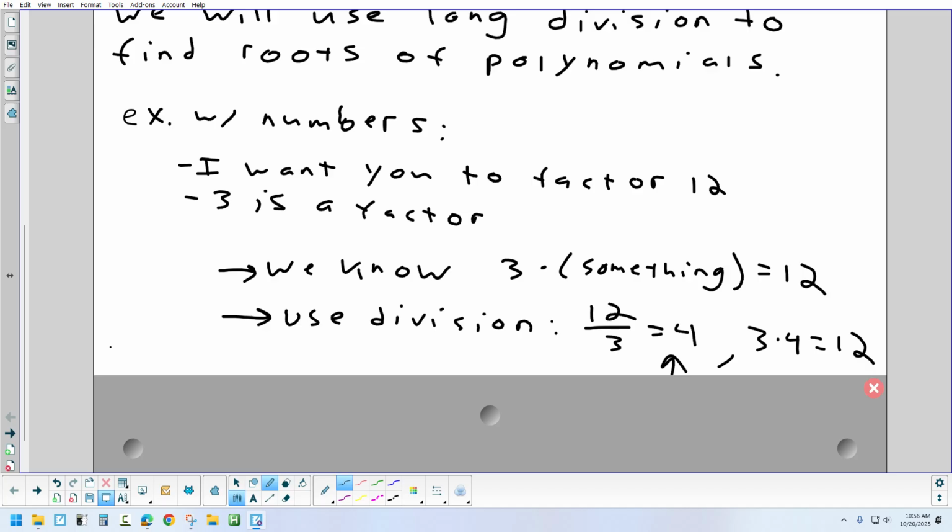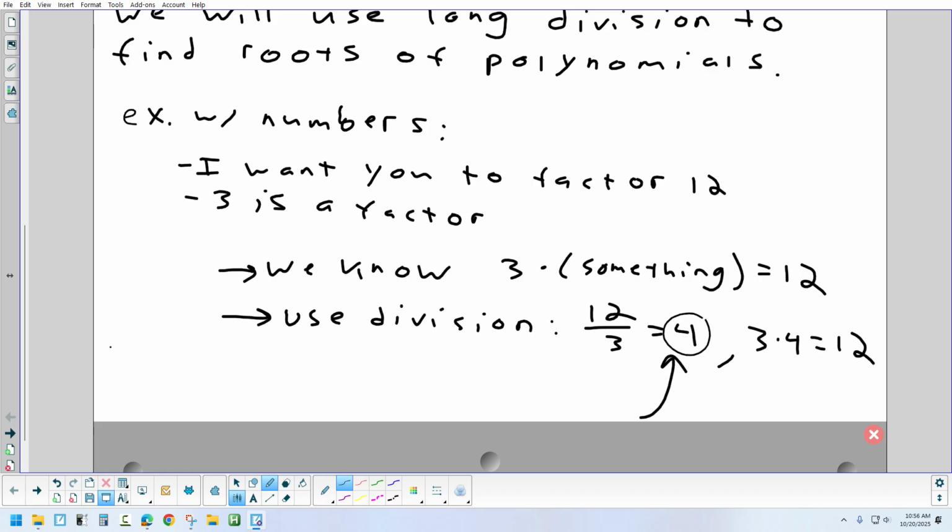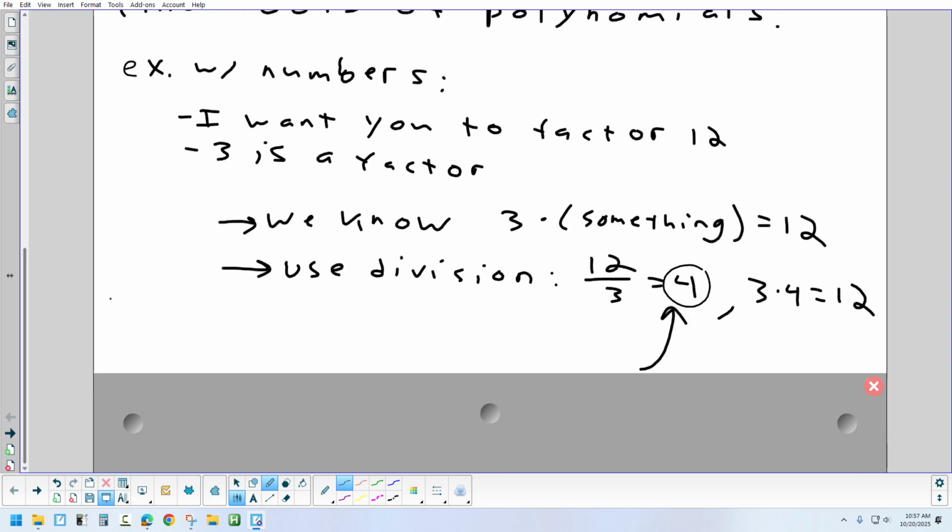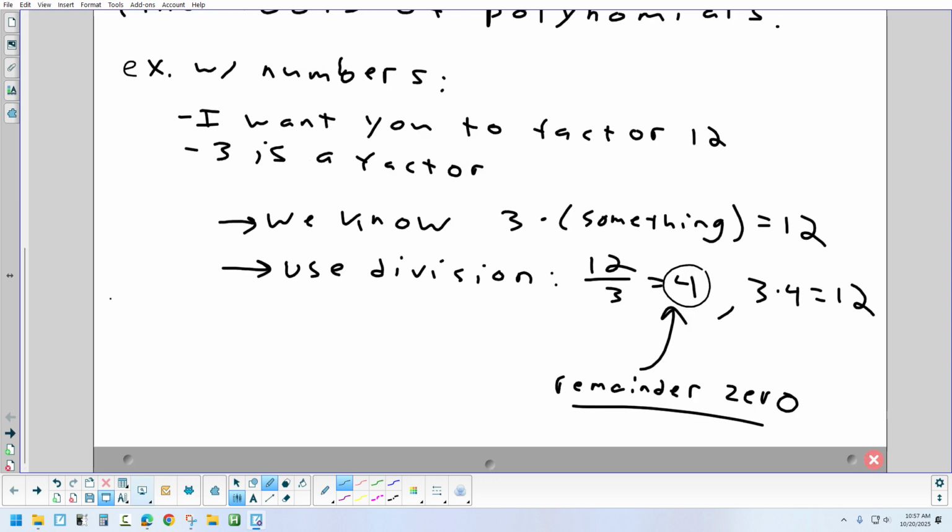So when you do the division, look at your quotient, and that's the other factor. Another thing that happens is when you divide by something that is a factor, notice what the remainder came out to. When you divide 12 by 3, the quotient's 4. But what's the remainder? 0. Whenever you divide by something that is a factor, you get a remainder of 0.